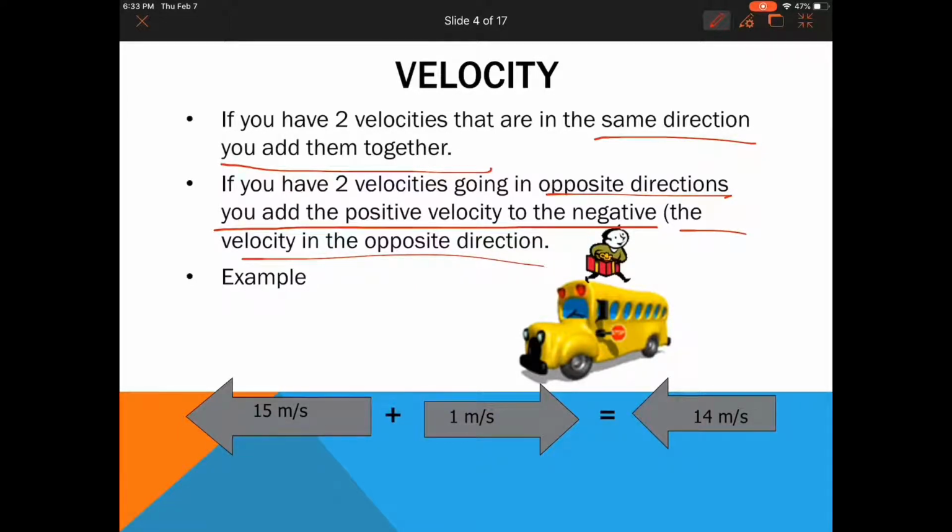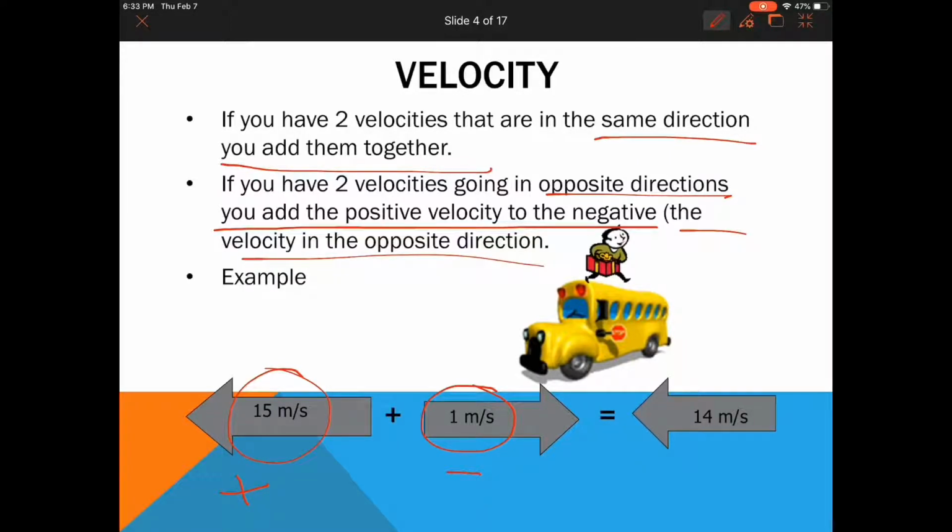So when we're talking about adding the positive to the negative, we're talking about the one that you start with, which in this example's case is the 15. So this is going to be our positive. And then the next one, which in this case is the 1, if it's going in the opposite direction, which in this case it is, this is going to be your negative.